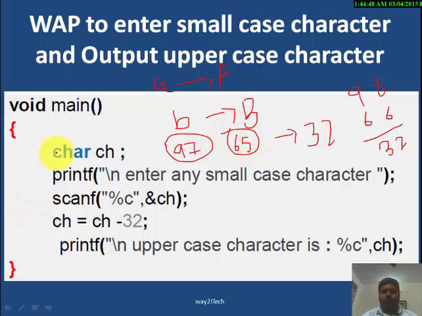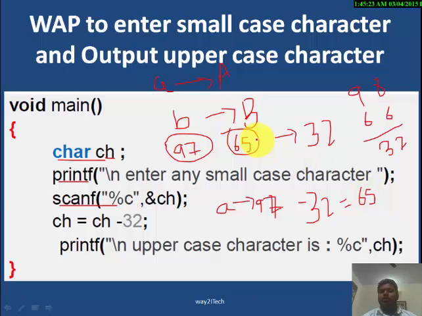What is the program? Char ch. We have taken a character, we have printed a message, enter any small case character, scanf, the user will enter the character and it will go into ch. ch is equal to ch minus 32. If the user enters small a, the ASCII code is 97, so we decrement 32 and get the resultant 65, which is the ASCII code of capital A, and we get capital A as output.